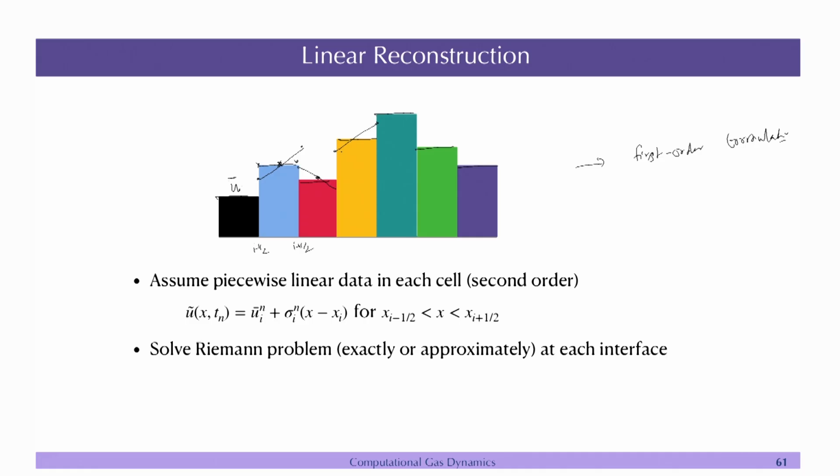Why? Because if you consider this boundary and this boundary, this is boundary to boundary, and earlier we considered piecewise constant, and now we are going from piecewise constant to piecewise linear. So we are also considering the variation of the cell average within the cell. You have some value here and some value here.